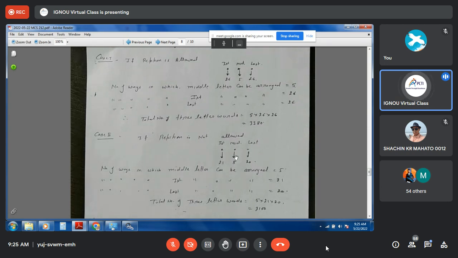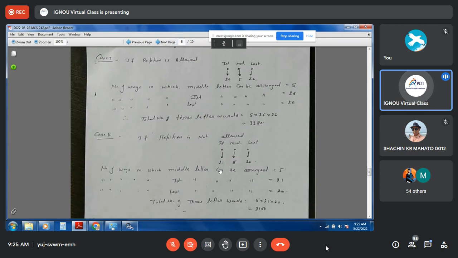It means the vowels used here cannot be used there. If we delete the vowels, the remaining are the consonants. So for the first letter there are 21 options, and for the last, one consonant is already used, so there are 20 consonant options.